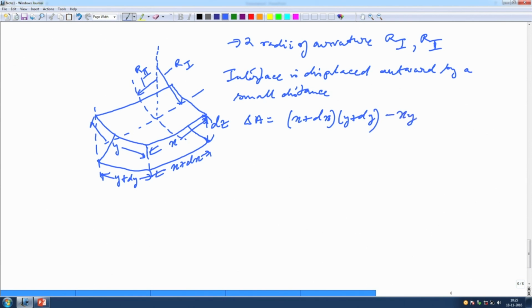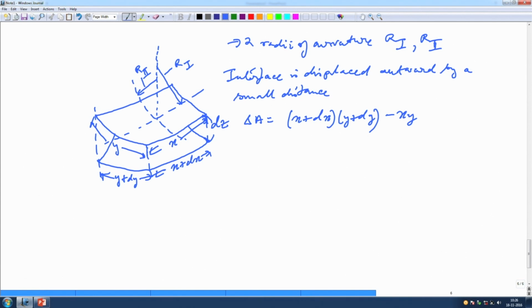Here we have assumed of course x and y are sufficiently small, these are elemental. It is not that this entire interface has one radius; this is the radius of curvature at each point. So, actually the thing can be a very complicated shape, at each point, or at each delta A or elemental piece, we can define these two radii of curvature, but that can also vary spatially, but we are not taking that into consideration.